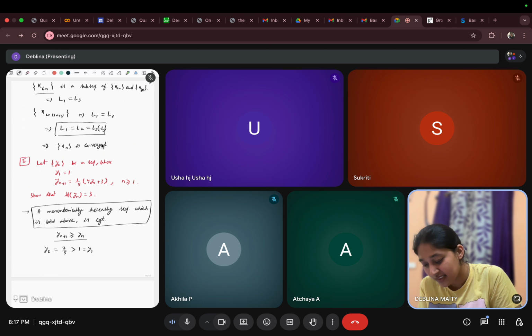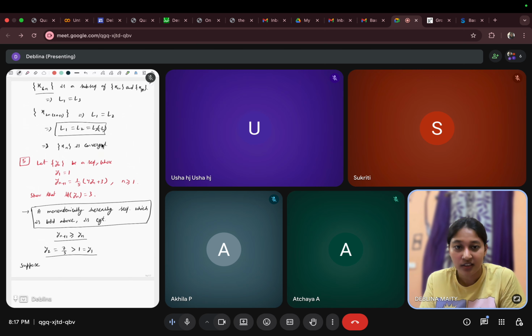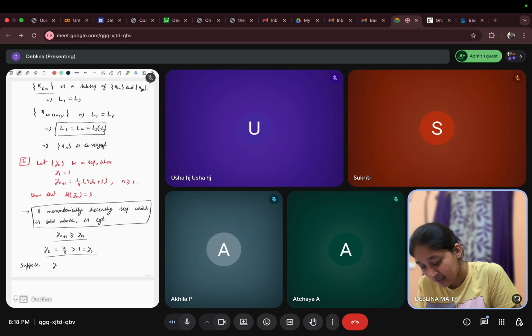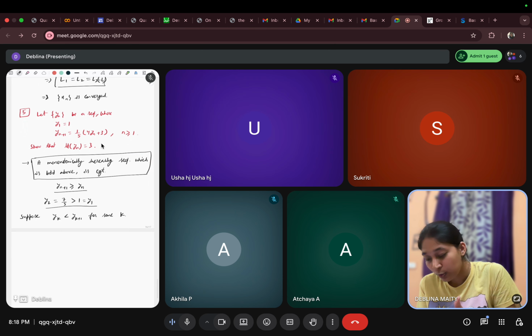This is the base case. Now suppose yk is less than yk+1 for some k.